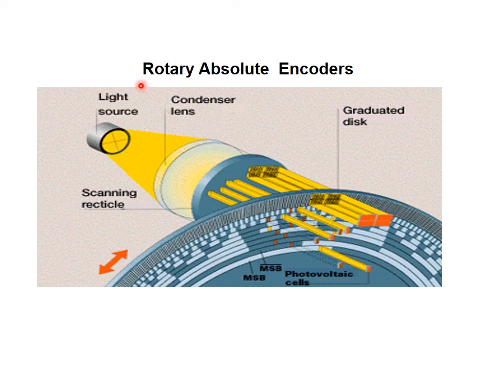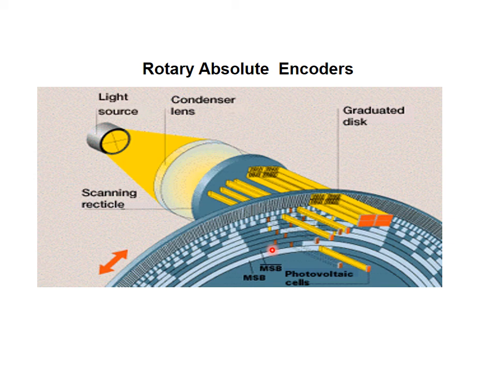This is a demonstration of the rotary absolute encoder. Here you can see the number of perforations is larger, because you want each position to have a unique identity around this disk. To ensure that, we have a large number of perforations in an absolute type of encoder compared with the incremental type encoder.